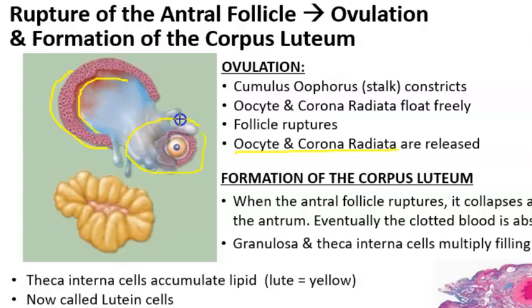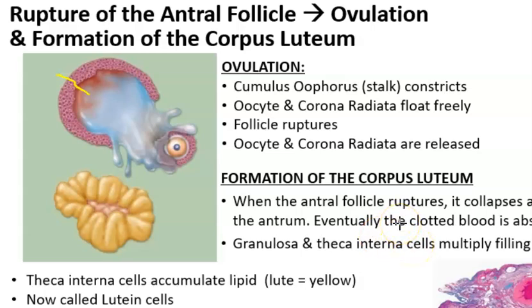Once these structures leave and the fluid leaves, the follicle collapses. And since it had a blood supply specifically through that cumulus oophorus, there's going to be some bleeding into the antrum.